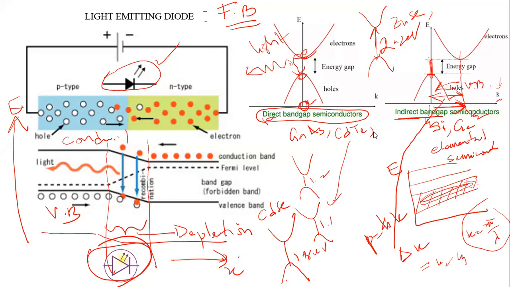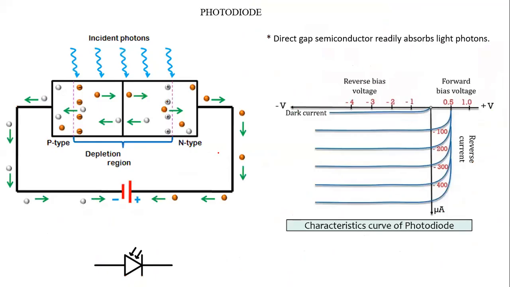Okay, so when we use such direct band gap semiconductors for designing this PN junction diode, you will have this kind of structure, energy band diagram. Here on the N side, you will have a large quantity of free electrons.